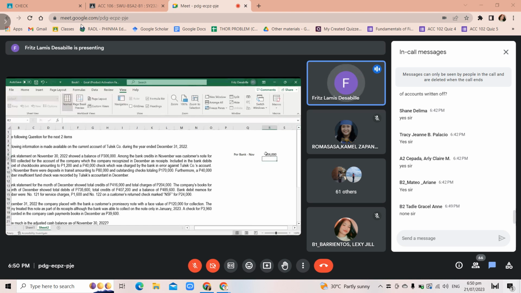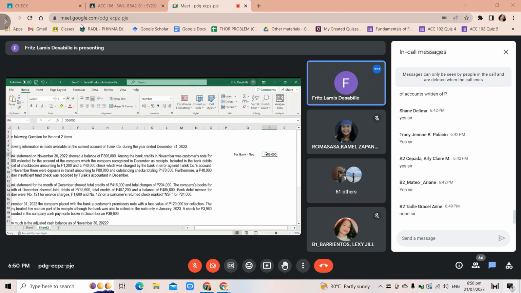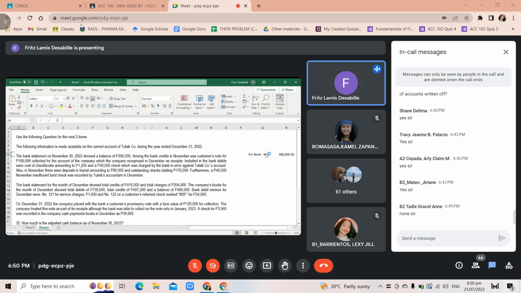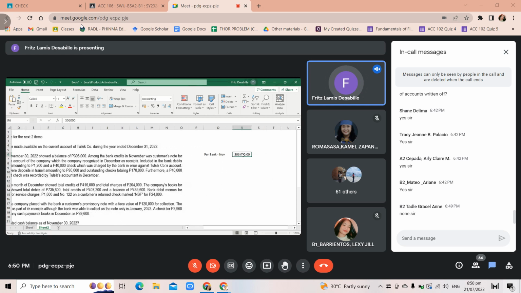Among the bank credits in November, okay, was customer's note for 100,000. So what is this 100,000, guys? Unsa ni siya? What do you think? The proof of cash is actually a problem, guys.